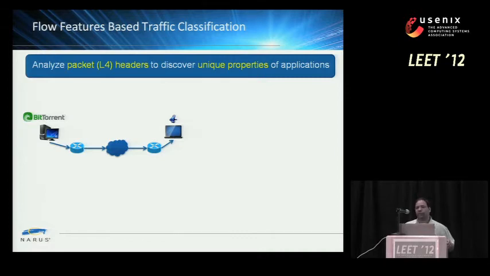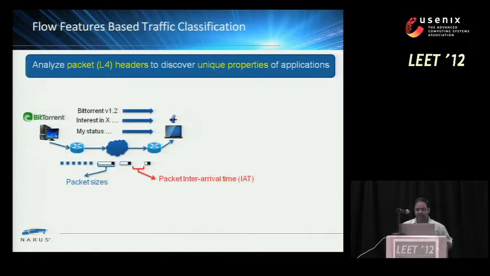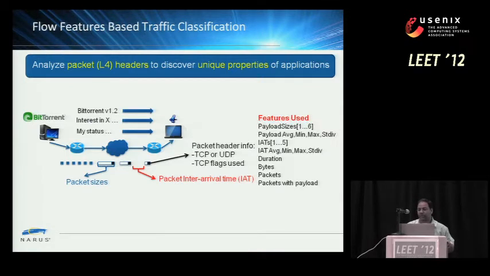For example, if you want to identify some features for the BitTorrent protocol, we can look at the packets generated by BitTorrent and identify features like packet interval time, packet sizes, or other header information like TCP flags used to identify the BitTorrent protocol. These features may not always be useful to identify all protocols.